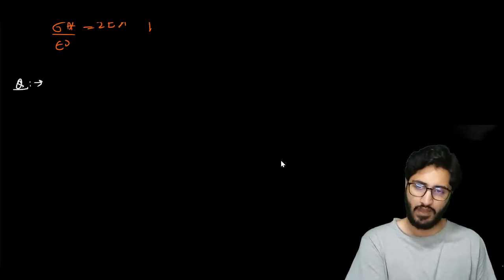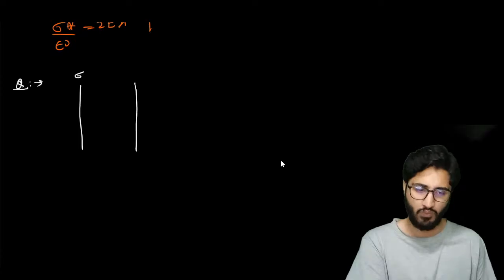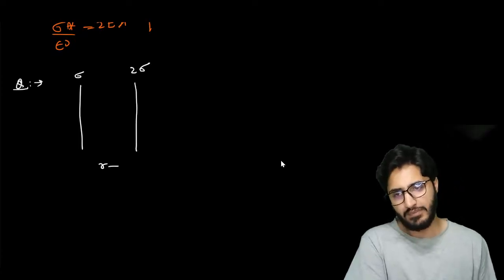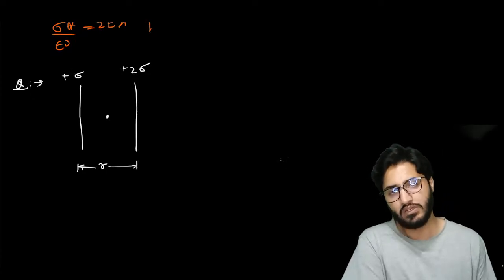So if we have two plates, one with density sigma and one with density 2 sigma, and the distance between them is r. This is the midpoint. Find the electric field. Look, both are positive now. This sigma will push it in this way, E1, and this one will push it in this way, E2.